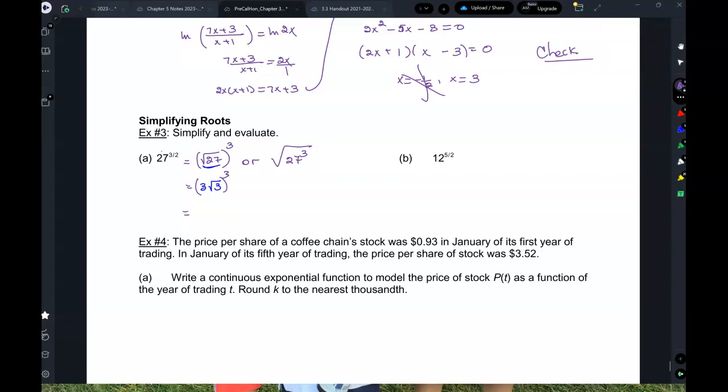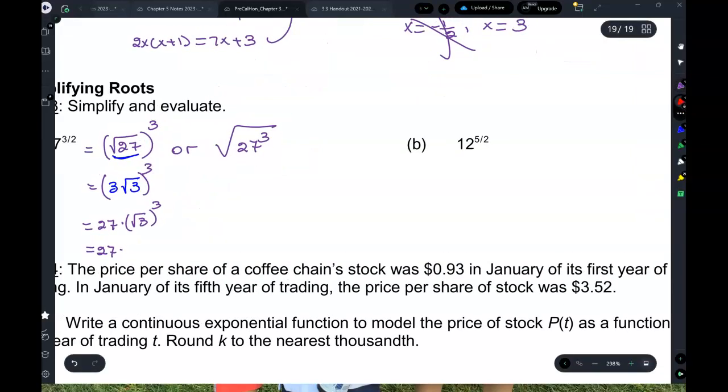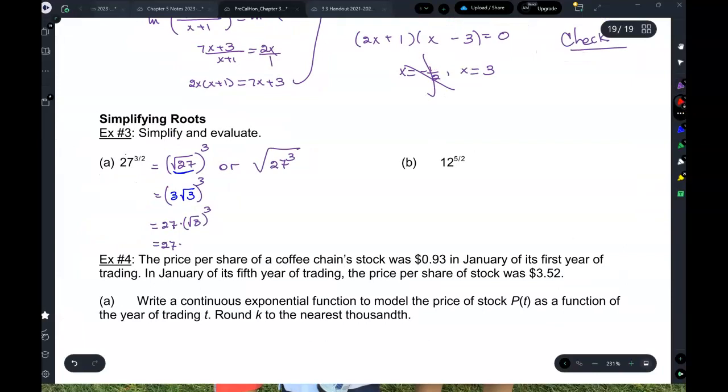Okay? So this is 27 times root 3 cubed. But how much is root 3 cubed? So take a look. This is 27 times, root 3 cubed is root 3 times root 3 times root 3, right?